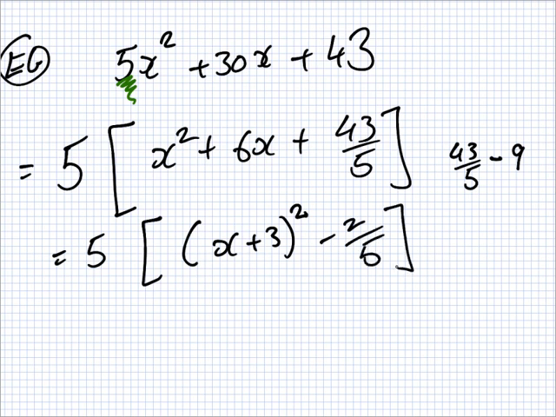Isn't it? Yeah. One step left. What's the last step here? Multiply. So it's 5 x plus 3 squared minus 2.